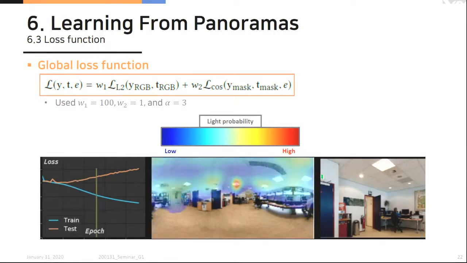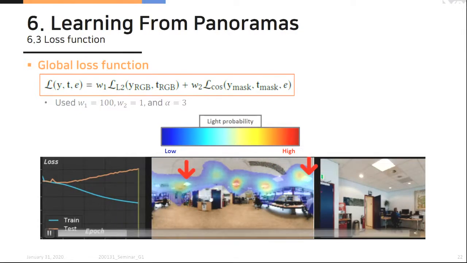And finally, you see the lights here. Ta-da. And they mentioned that W1 and W2 are weights. W1 they set to 100, W2 they set to 1, and alpha is 3.